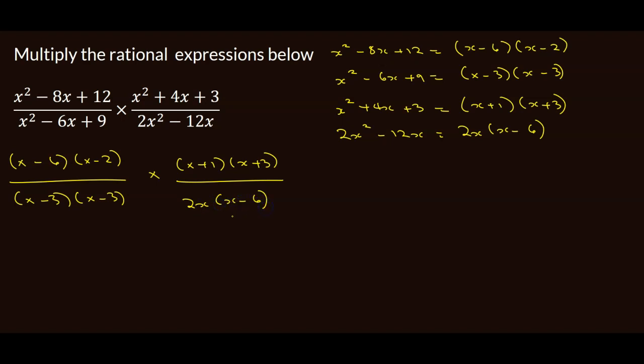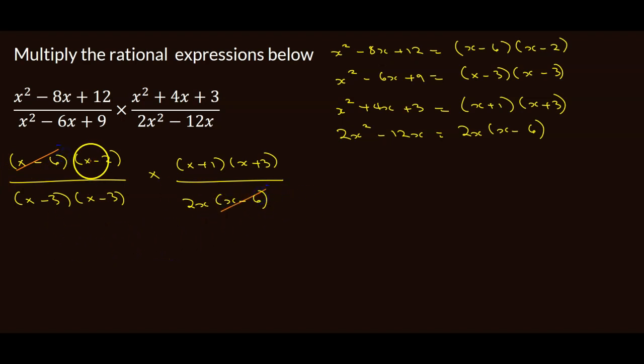Now we're going to look for common terms in the numerator and denominator and cross them out. So numerator x minus 6, do we have any in the denominator? So we can cross this out right here.